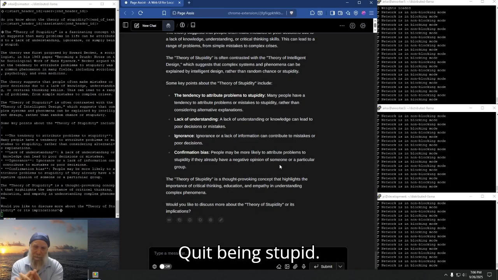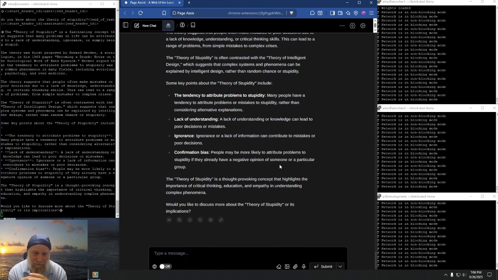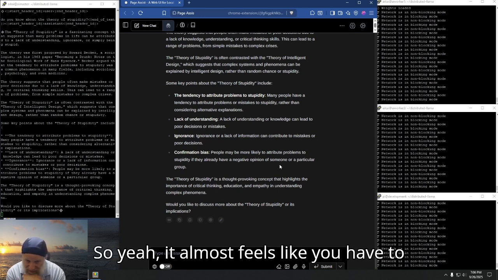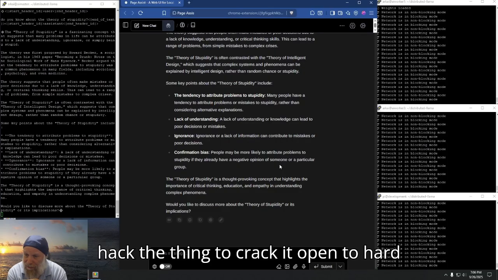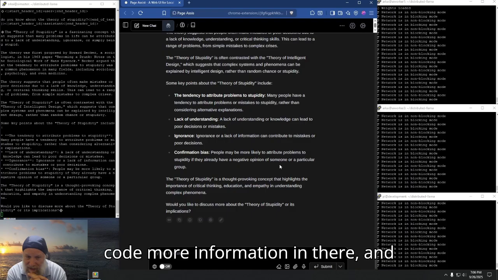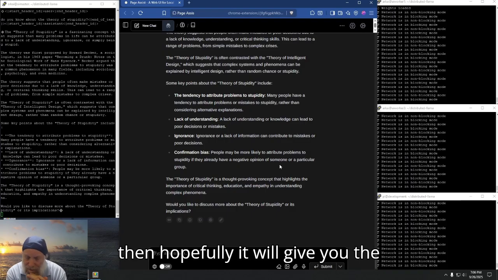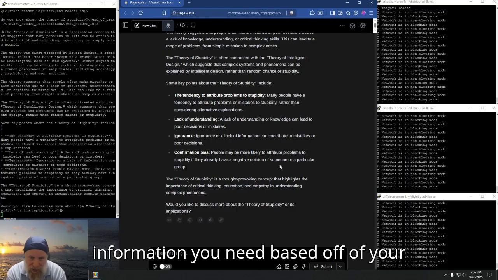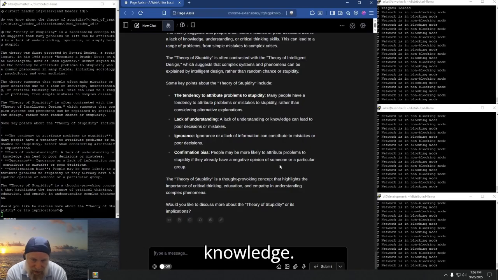Learn! Quit being stupid! So yeah, it almost feels like you have to hack the thing to crack it open to hard code more information in there. And then hopefully it will give you the information you need based off of your knowledge.